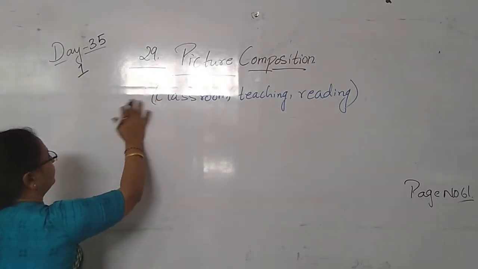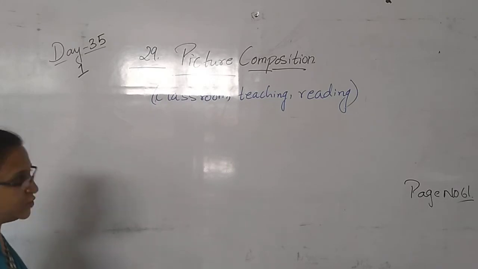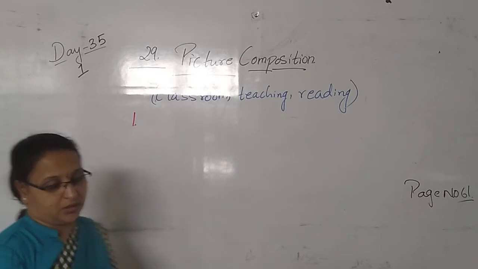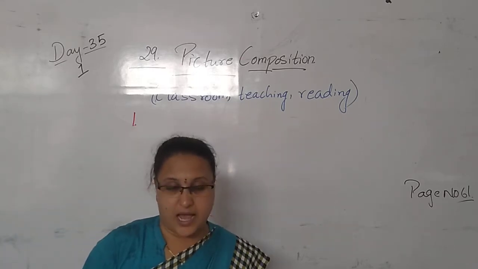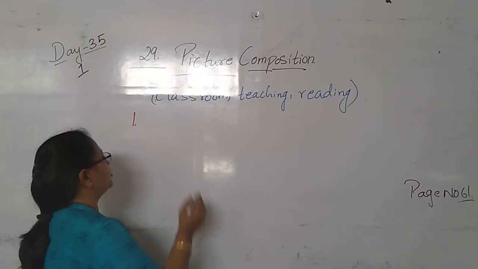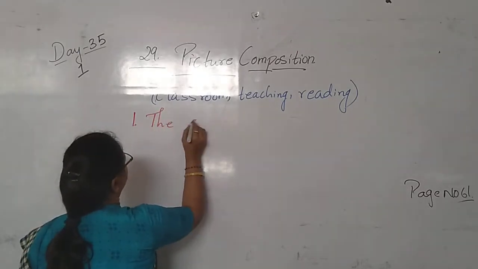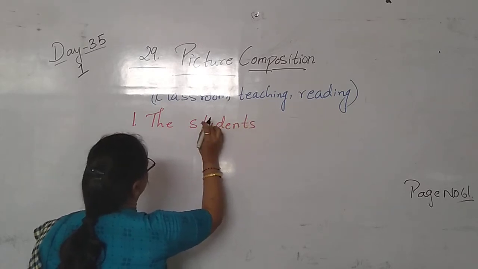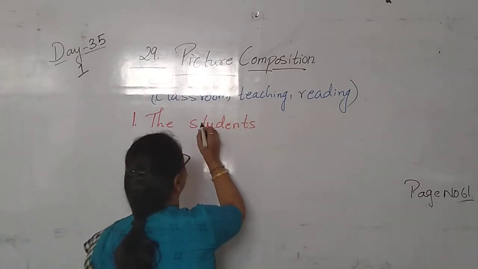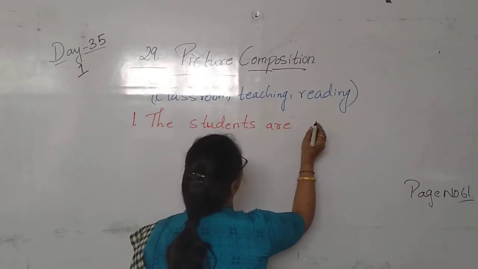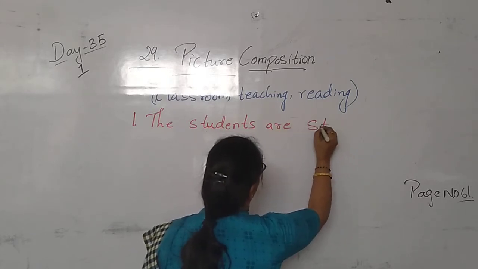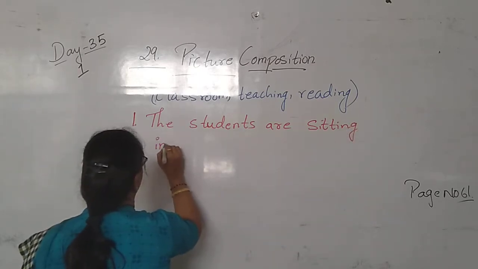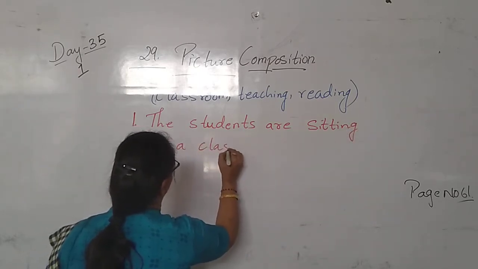Yes, first we will write here first one. First one I will write here, children. So, first one they have written classroom. Yes, the children, or you can write the students. The students are sitting in a classroom.